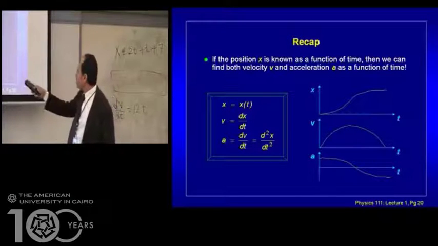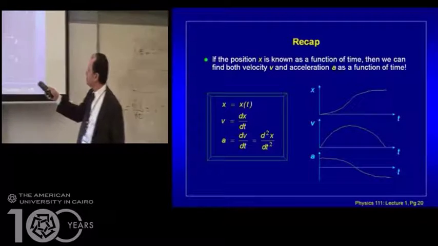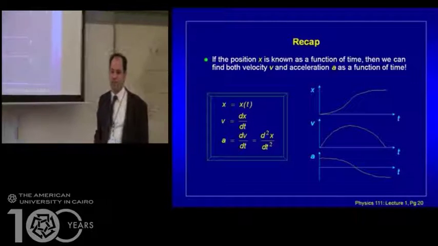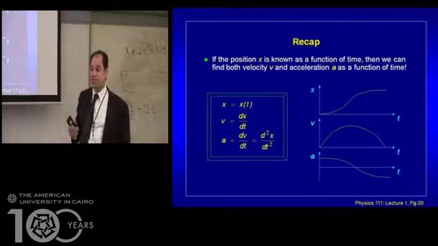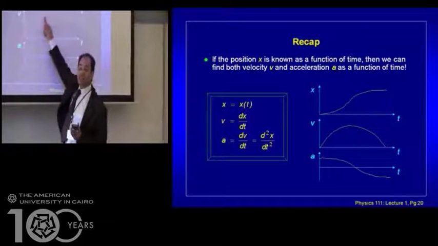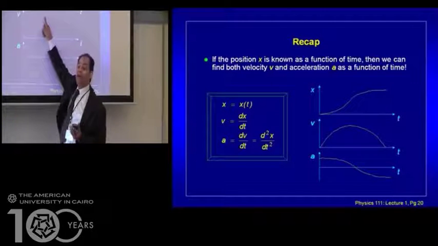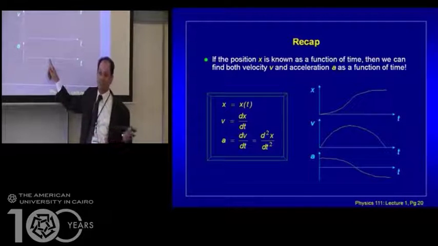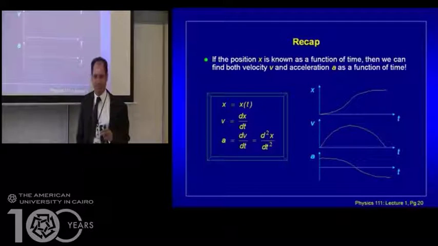Look at that point. What is the velocity at that point? It's constant. No, the velocity is not zero. The velocity is not zero. It's constant. It does not change. And if the velocity does not change, you get acceleration equal to 0. Okay, guys?